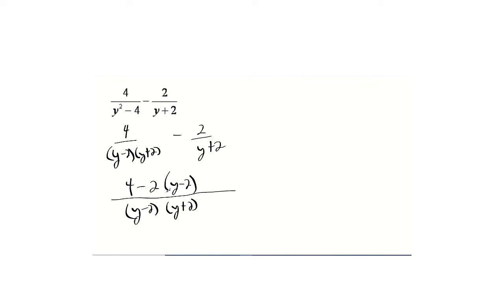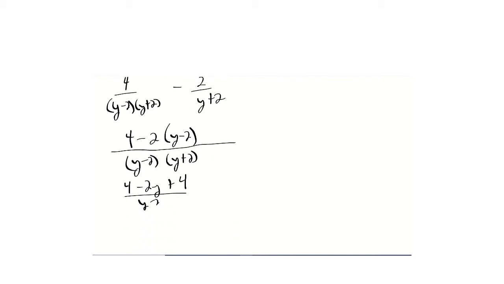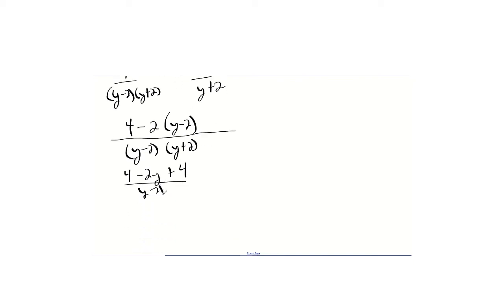Now multiply this into here, so you've got 4, take away 2y plus 4, y take away 2, y subtract 2, y plus 2, still your denominator. I've got 8 minus 2y over y subtract 2 over y plus 2.